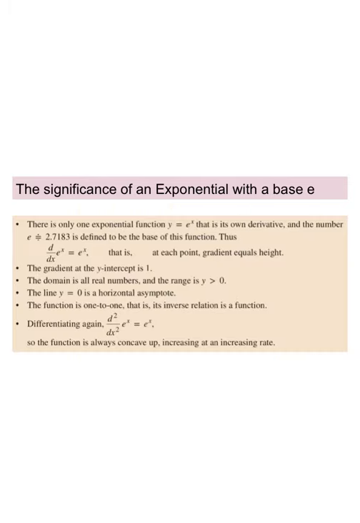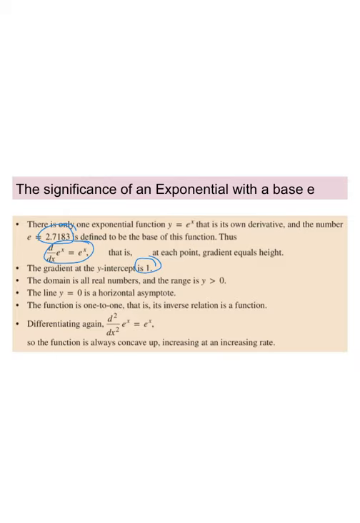So let's have a look at what we've discussed so far. We know that the value of e is this constant value, approximately 2.718. We know that the derivative of e to the x is also e to the x. We know also that the gradient at the y-intercept to the curve is 1.